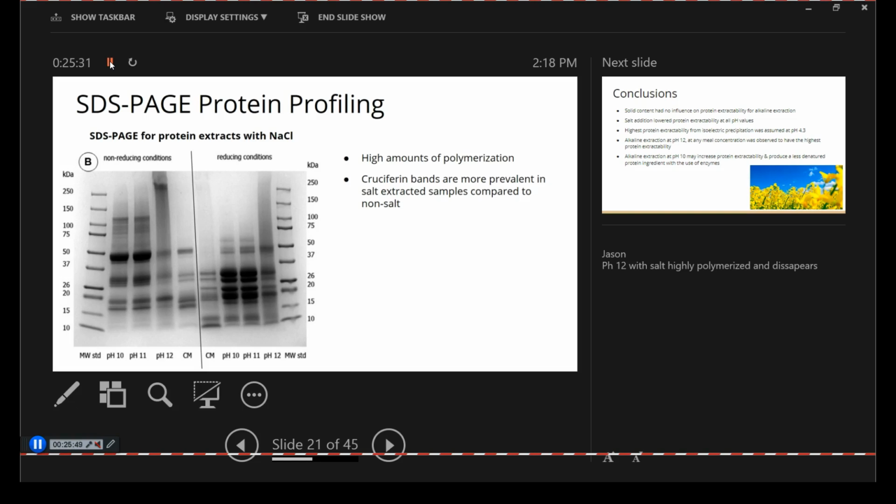If they wanted to produce a highly functional ingredient that wasn't denatured, with high solubility for their application, they would want to use less harsh conditions, such as different solid contents or lower pHs, but they're also going to get lower yields. On the flip side, if they're using it for baking or emulsions and they want that denaturation, that could also be applicable. I would also think that investigating salt solubilization or membrane filtration could be a different step to look at, depending on their food application.